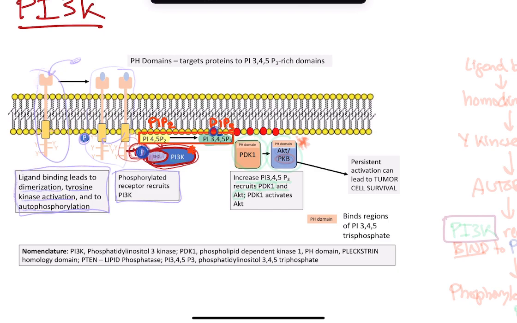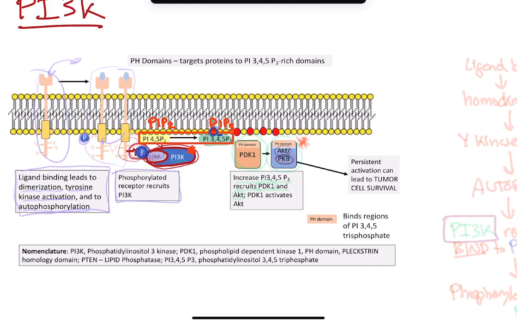That negatively charged head group protruding on the cytoplasmic side of the plasma membrane is the starting point for the whole second signaling branch involving an entirely different cascade of protein kinases. So when bound to PIP3, we're going to see protein kinase B, PKB, also called AKT.